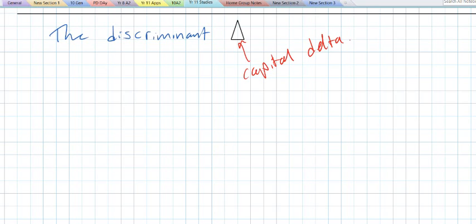So what we're doing now is taking it out because you can see its coefficient is equal. So 3y plus 2x.